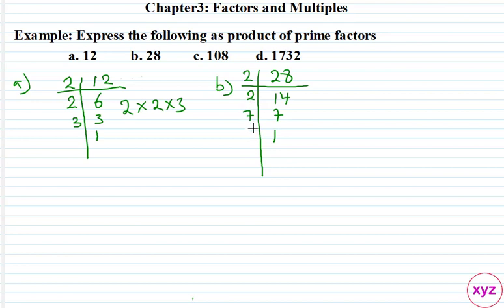Remember, all these are factors of 28, but we are looking at the primes. So the product of prime factors of 28 will be 2 times 2 times 7.